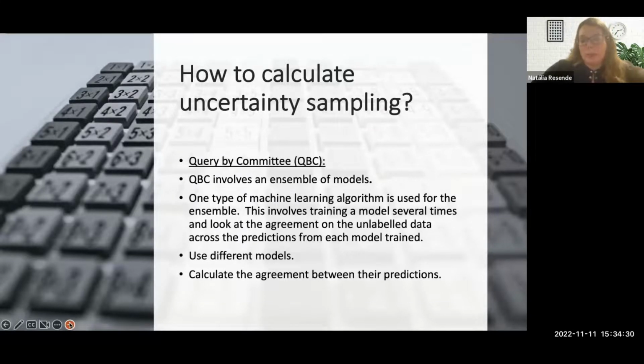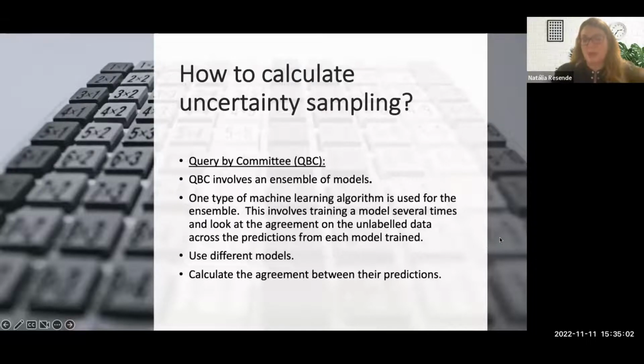So, as I said, query by committee involves an ensemble of models, but it can also be used with just one model, one type of machine learning algorithm. If you use only one type of algorithm with this strategy, it involves training a model several times and looking at the agreement on the unlabeled data across the predictions from each model trained.